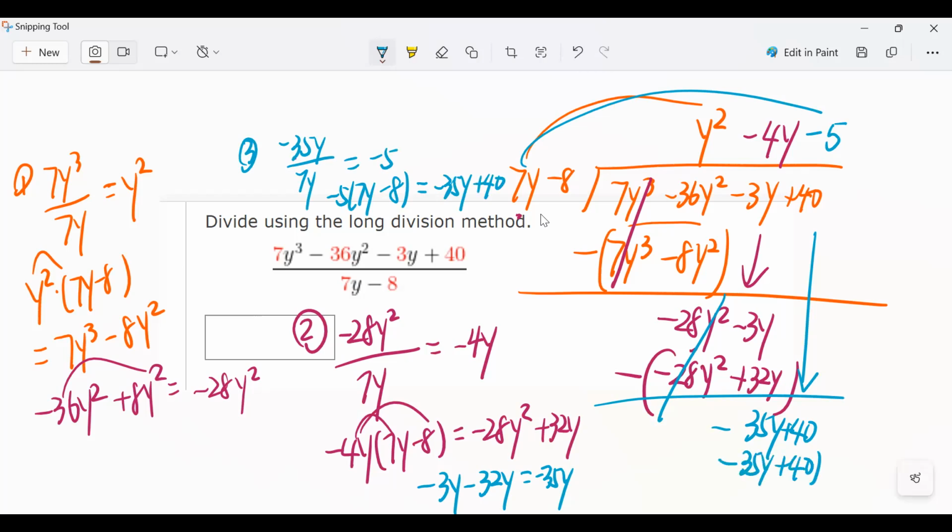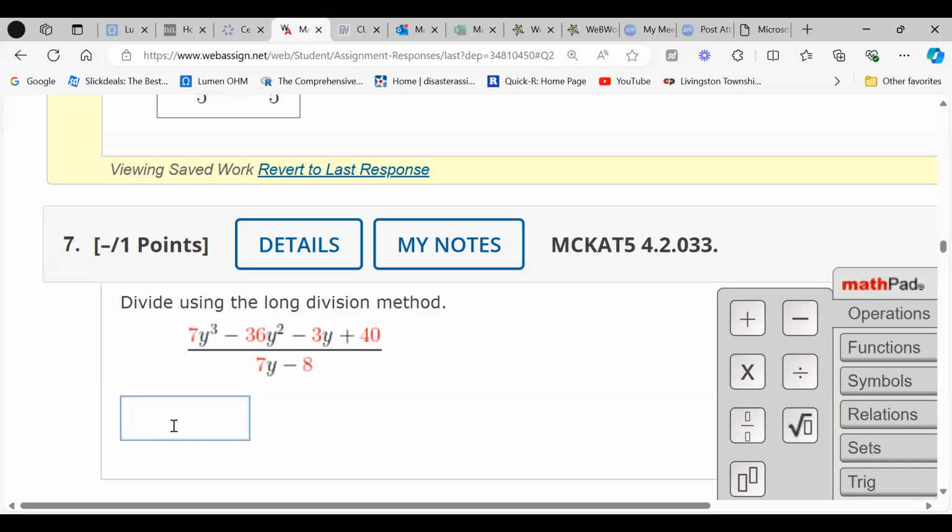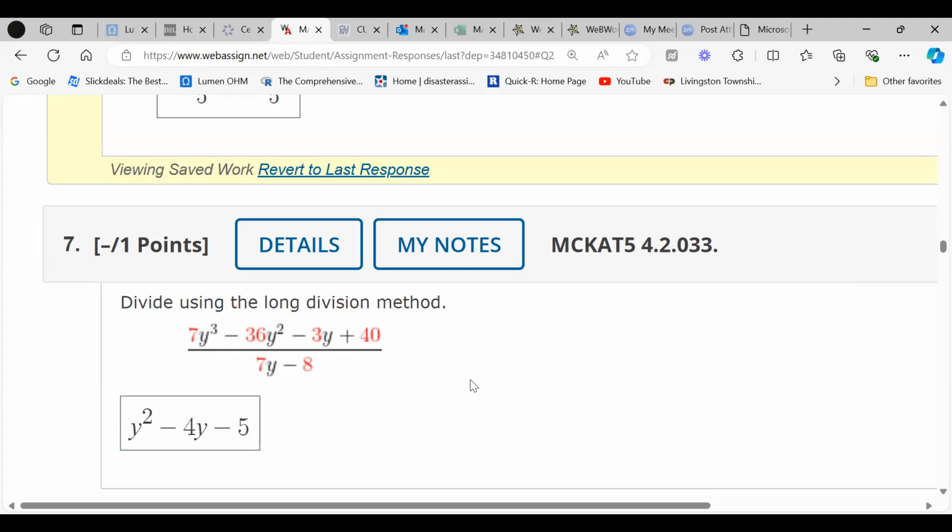So if you subtract it, it cancels completely, that was the 0. So the result here is y squared minus 4y minus 5. Okay, any question about this?